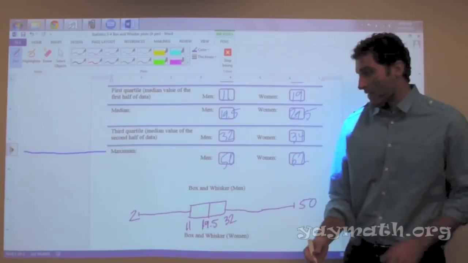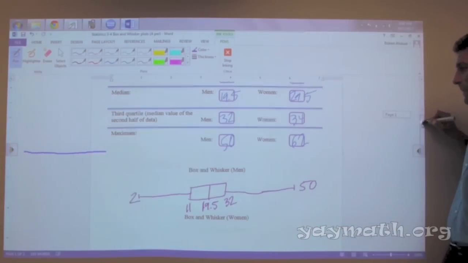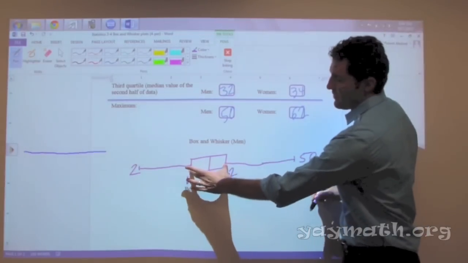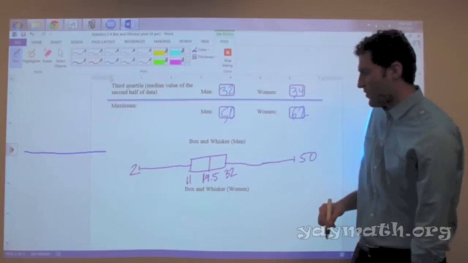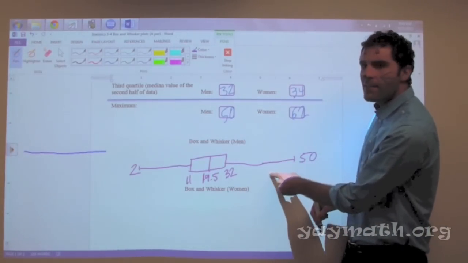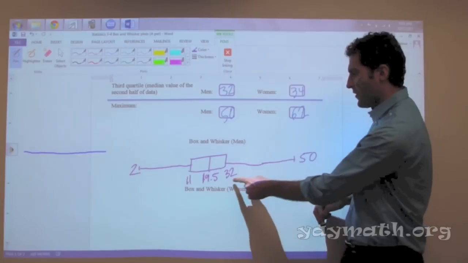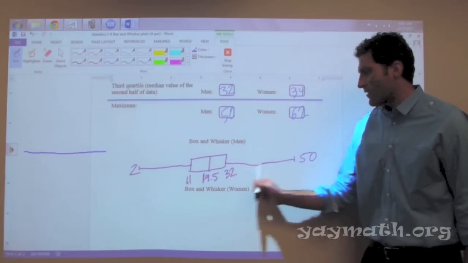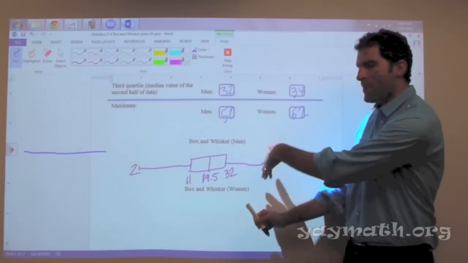When you get better at this, you could actually visualize where this should be. I tried to make it closer to the 2, for example. Maybe my 32 should be further to the right. If you look closely, 32 maybe should be closer to 50, the more I think about it. It's not so close, maybe in the middle, roughly.